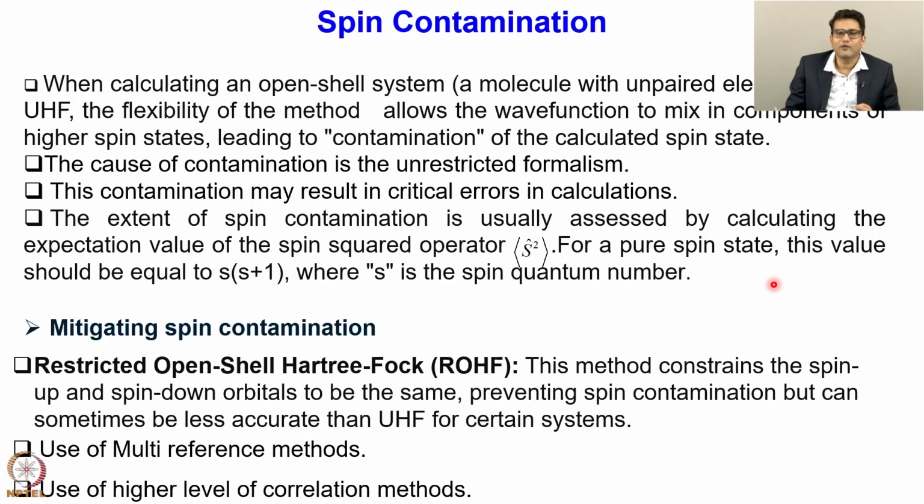So, when dealing with an open shell system, one needs to look very carefully at how much spin contaminated your wave function is. The fourth approach, which I have not listed here, is to project out the higher spin from your wave function. So, you can get a projected method, but that comes with an additional problem. So, I have not listed it here.